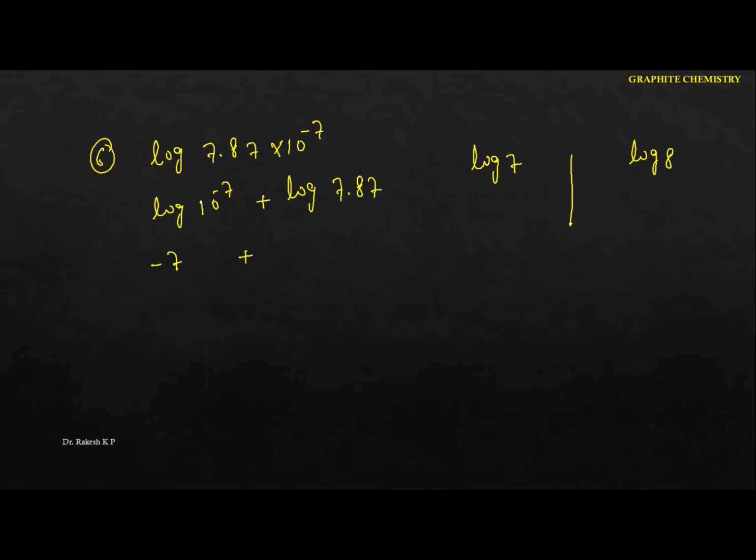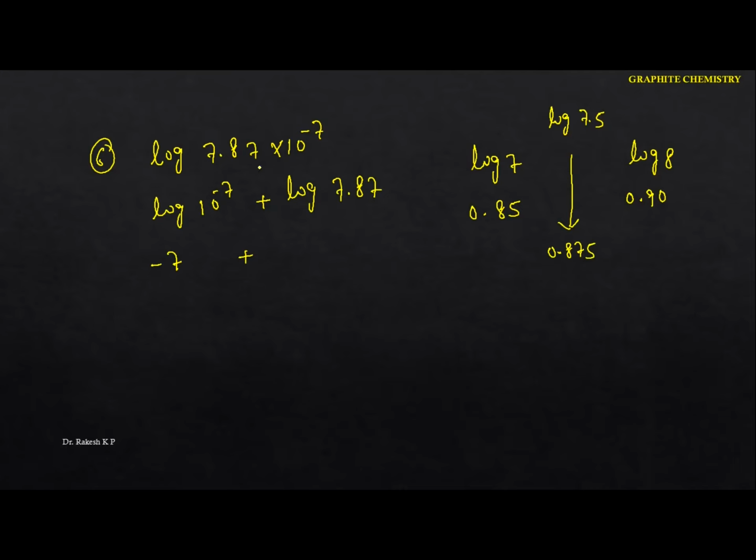I'll take the middle one here. This is log 7.5. We know the value of log 7. The log 7 value is 0.85, and log 8 is 0.90. If you take the average of this, that is 0.875.